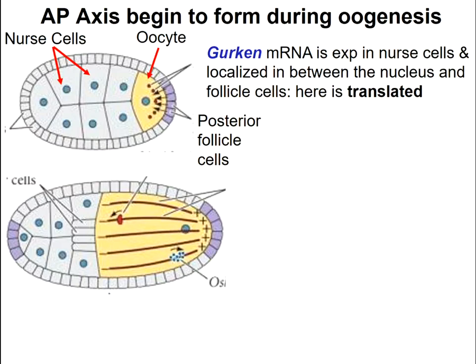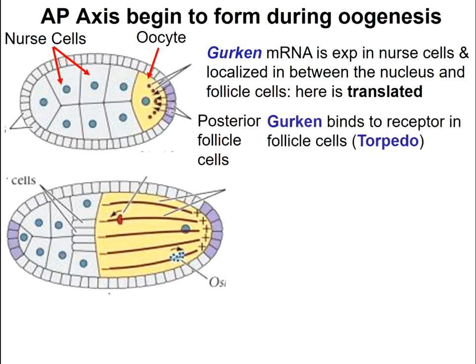So we find there that a gene called gurken is expressed, or perhaps better would be to say that the nurse cells, which are cells that support the growing egg, express this mRNA and deposit this mRNA inside the developing oocyte. Inside the developing oocyte, this mRNA is translated into a protein, the gurken protein.